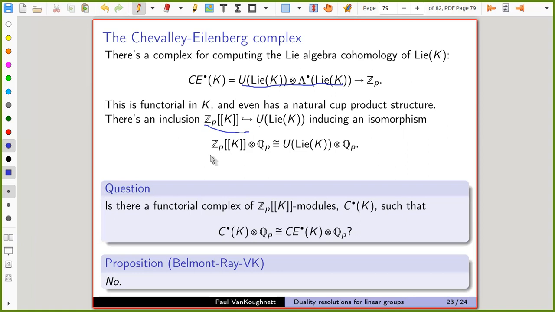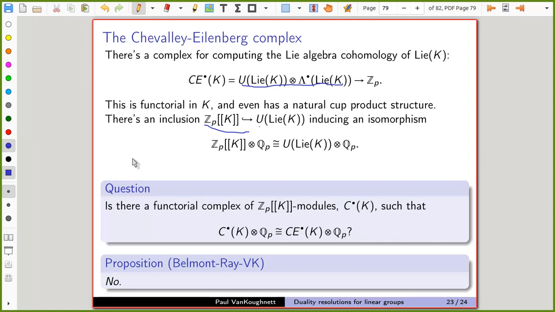I see. Yeah. But as I said, this doesn't work, even in some very simple cases. Okay. Yeah. I got it. I was hoping that actually Z_p double bracket K was included in the Lie algebra of K, but probably not. It's right.